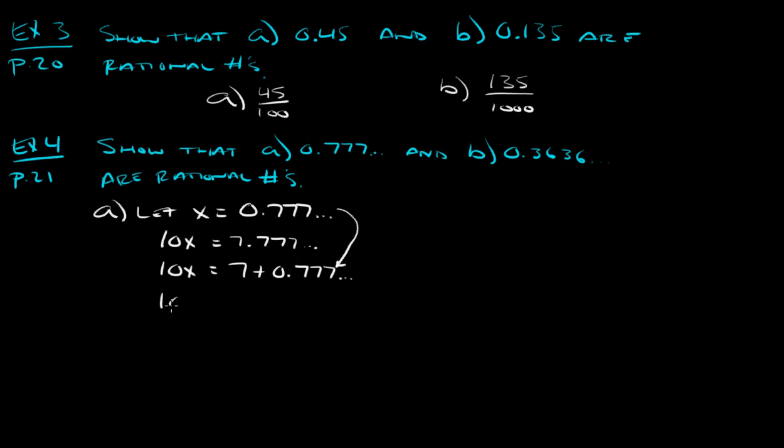So we can rewrite this as 10x equals 7 plus x, right? Subtract x from both sides, and we get 9x equals 7. So we would then divide both sides by 9 to get x by itself, and we get x equals 7/9.